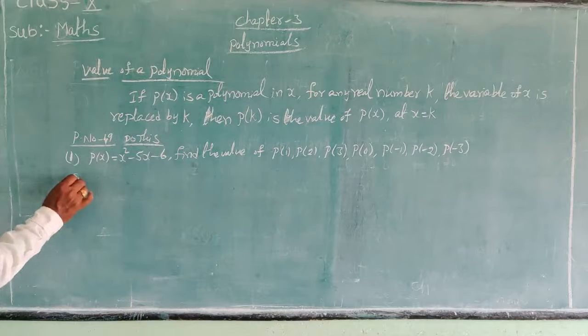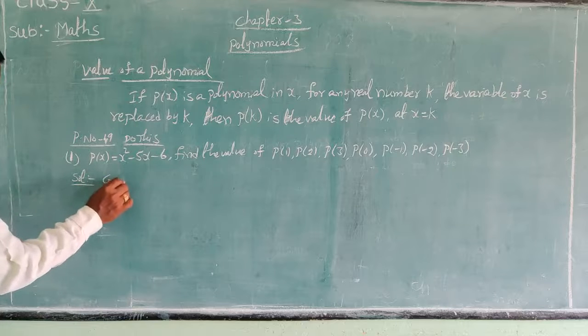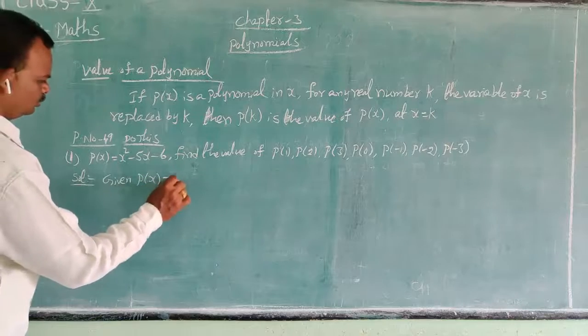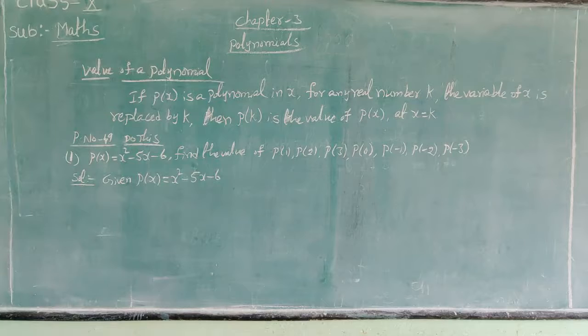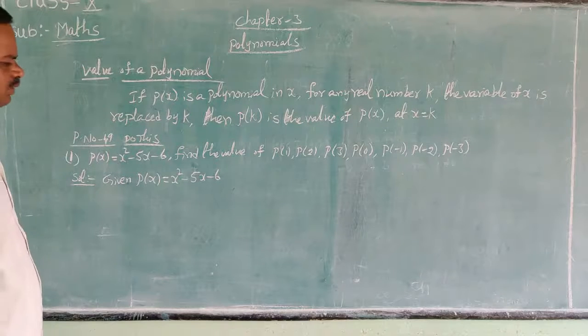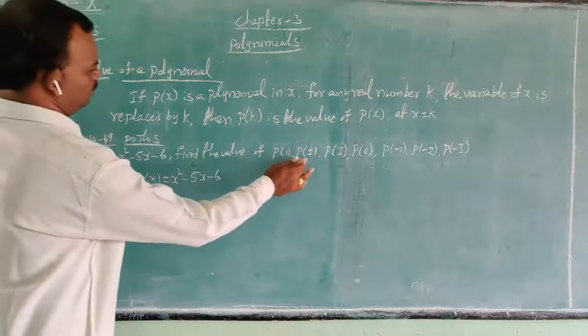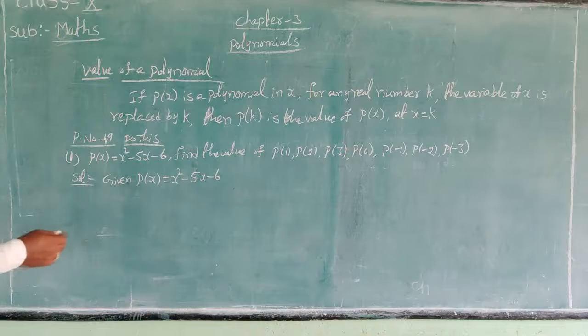Here the solution is: given p of x is equal to x square minus 5x minus 6. We are substituting the values 1, 2, 3, 0, minus 1, minus 2, minus 3 for the variable x in the polynomial p of x.